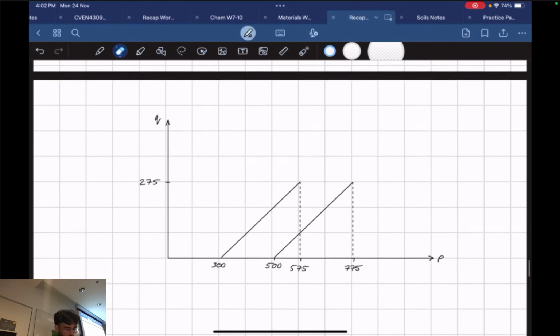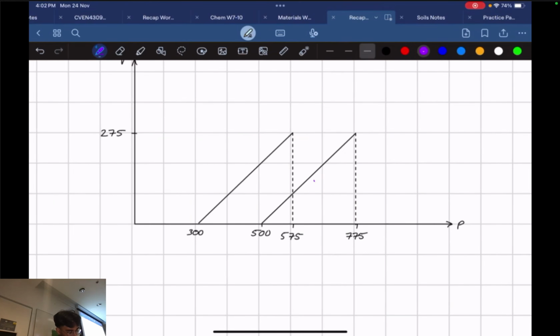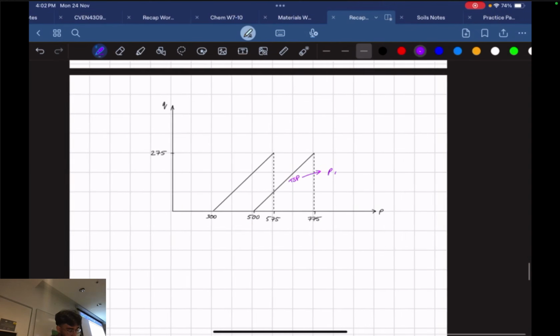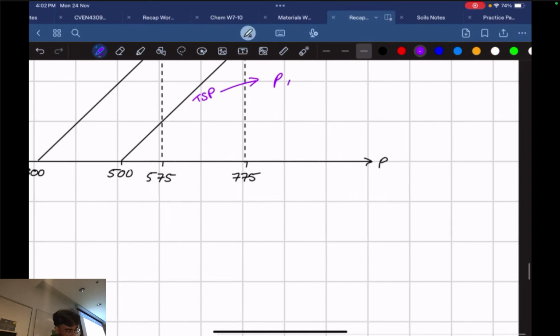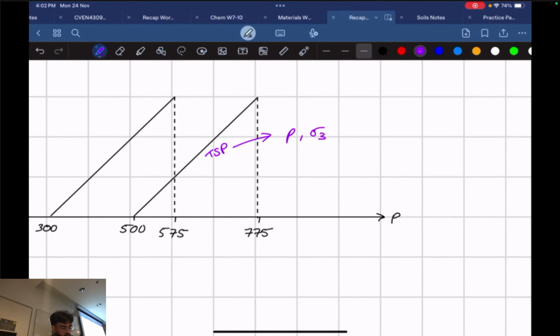So this is what I started off with. I'll start off with my TSP. So for my TSP, key values are going to be my P and my P dash. No, it's going to be P and sigma 3. So your initial stress, or your initial vertical stress, before the deviator stress.